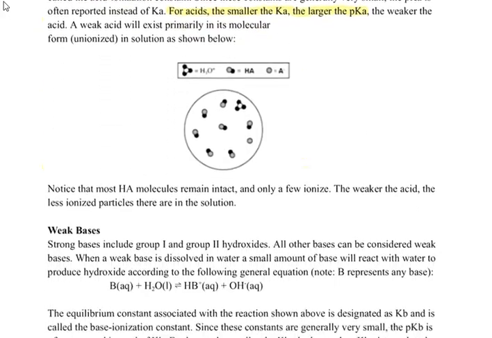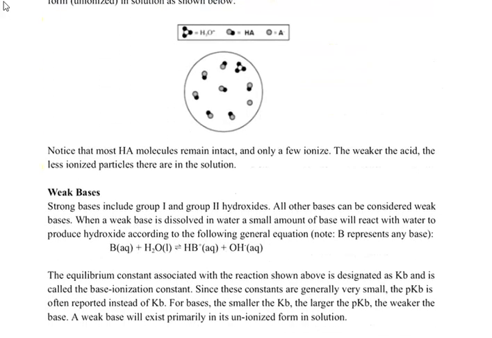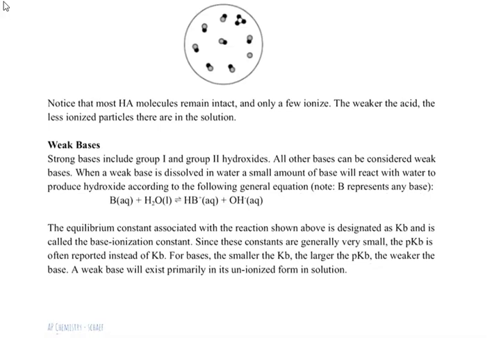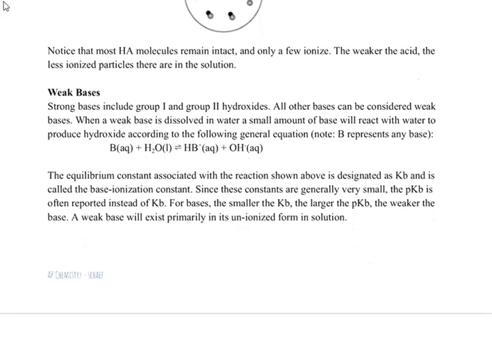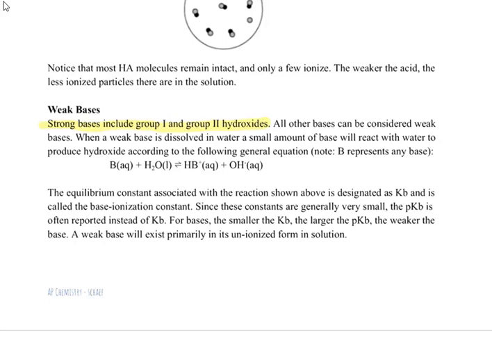Okay, let's see what else we need to talk about. Weak bases, again, so let's go back to your strong bases. Your strong bases, again, are those ones that were in group 1 and group 2. Not all of them, but most of the ones that are found there. Again, you're going to have a Kb, is what we're going to call your equilibrium constant for bases.